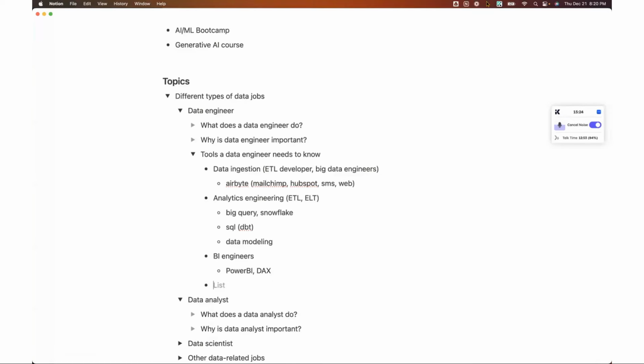Okay. There are also big data engineers. These are the folks who work with data lakes. Data warehouse has been very popular, but there are also different schools of thought when it comes to manipulating big data. For most companies, I think analytics engineering and data warehouse will work really, really well.